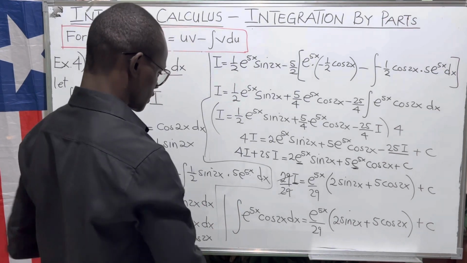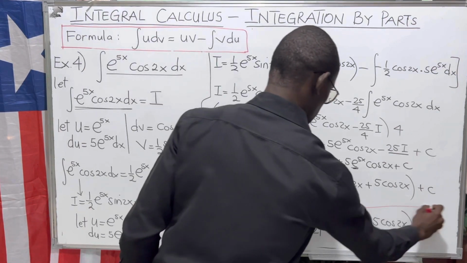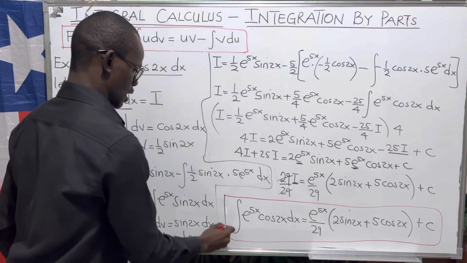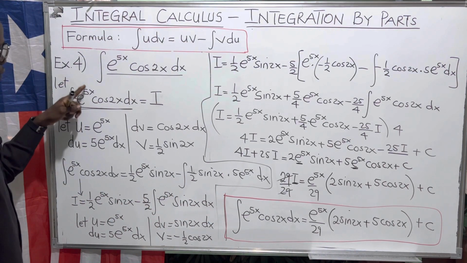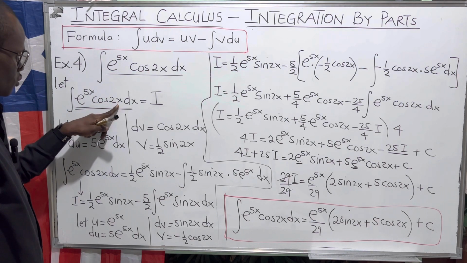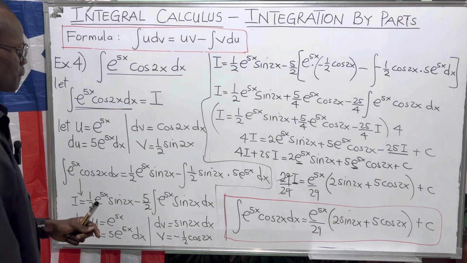This is how we integrate the integral of e raised to the power 5x cos of 2x dx.